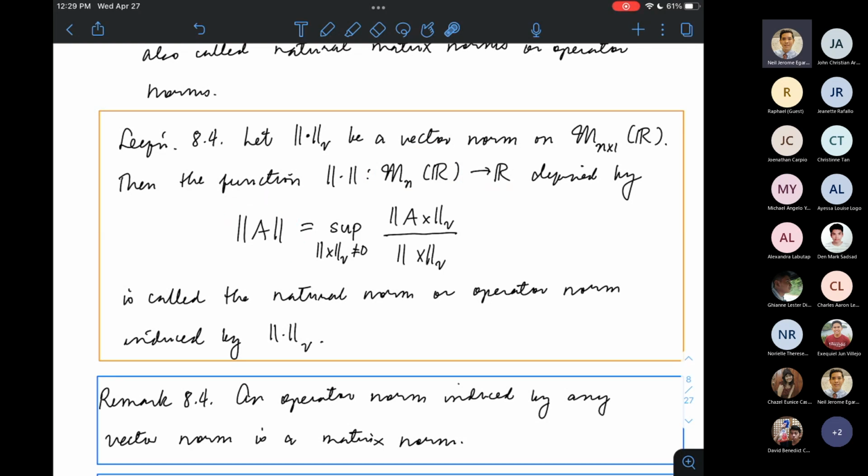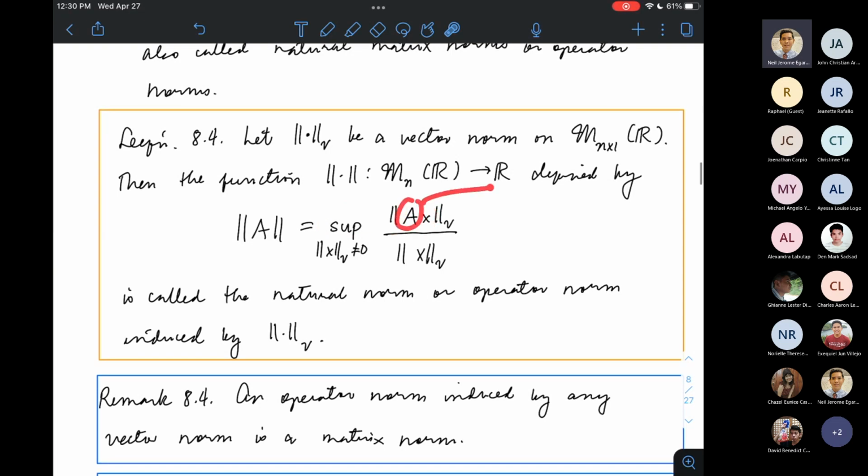I-assign mo to the function value of a matrix A yung supremum ng matrix times a vector. Ito ay n by n, ito ay n by 1. So the product makes sense. The product will be n by 1, so isa siyang vector, kaya yung measure ng Ax is taken as a vector norm.